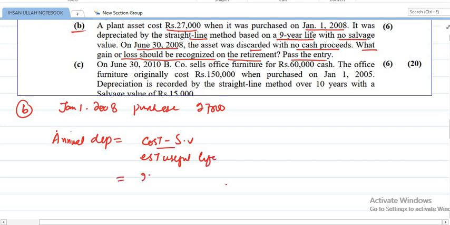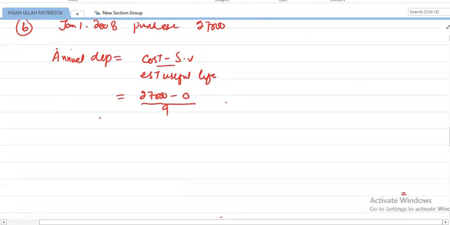Cost is 27,000, scrap value is given as 0, no scrap value, and 9 years is the useful life. 27,000 divided by 9 gives 3,000 per year as the annual depreciation.